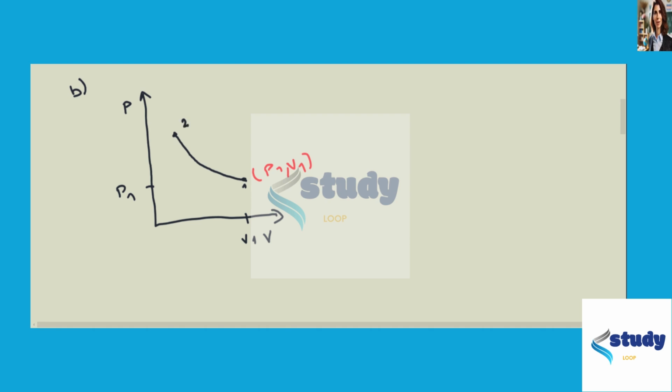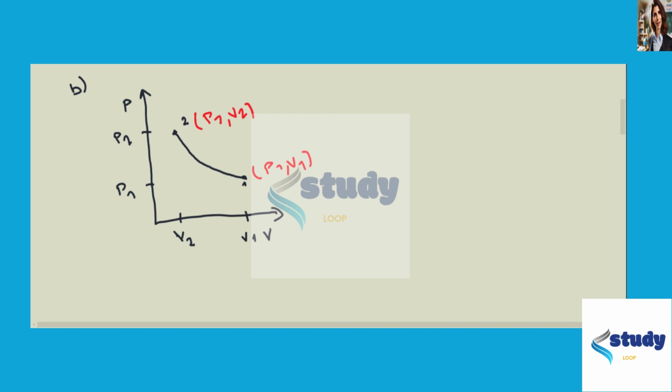And it will have P2 as its corresponding pressure, and a much smaller V2 as its volume. So for this point it will be P2 and V2. And this kind of graph is expected, so this is the direction. It is going from 1 to 2 under constant temperature.